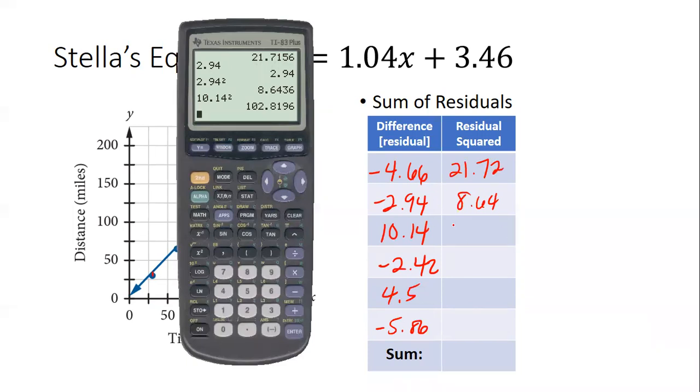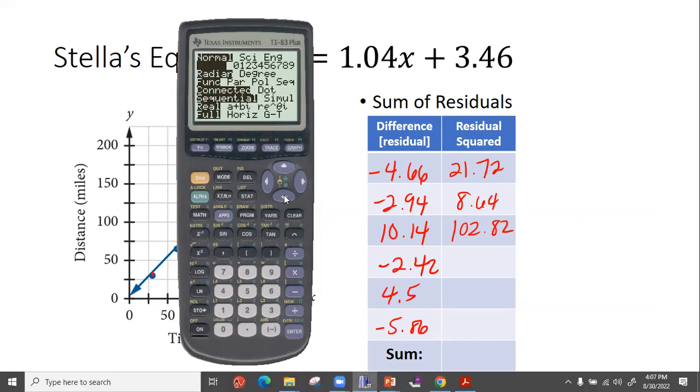What does the 9 round the 1 to? 102.82. If you're not strong at rounding, you can go to mode. Everyone say mode with me. Mode, and see where it says float? You can switch to 2 and make the calculator do the rounding for you.